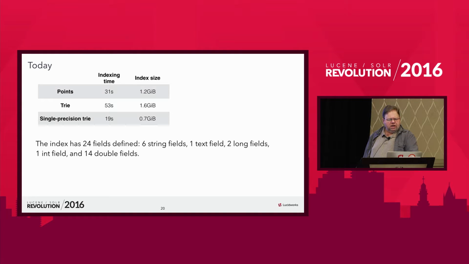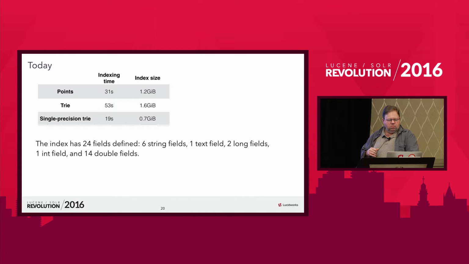So you can see the indexing time for points is faster than the Trie fields. For each of these fields, and it was only the numeric ones that are listed below, I defined each of the types for each field. So it really is apples to apples in terms of what's being measured here.